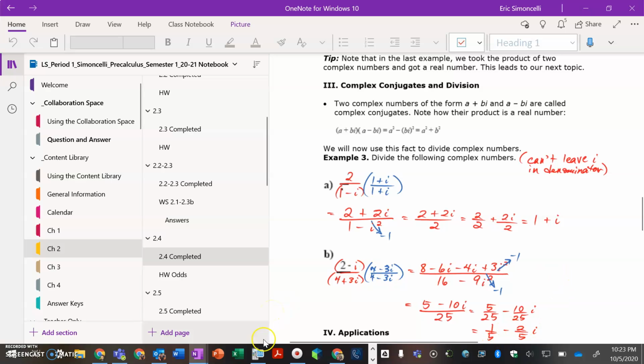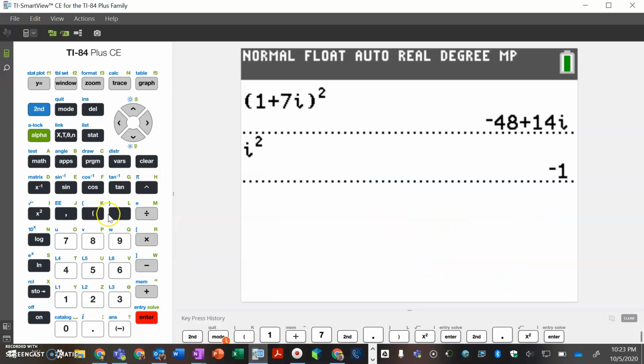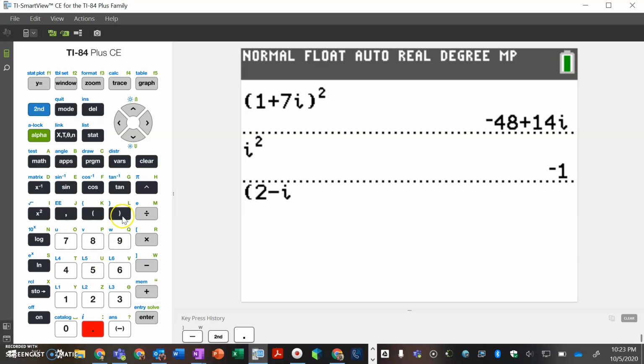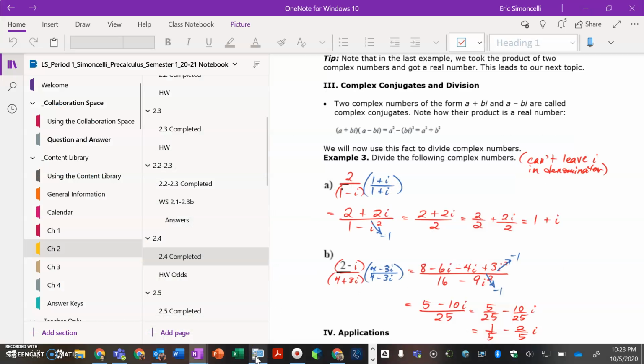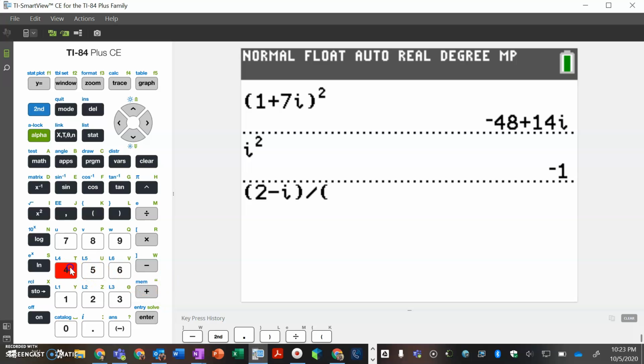So just to double check, is 2 minus i in parentheses divided by parentheses 4 plus 3i. Make sure you do that with every complex number of this nature. Is the division of these two complex numbers going to yield what we just got as an answer?